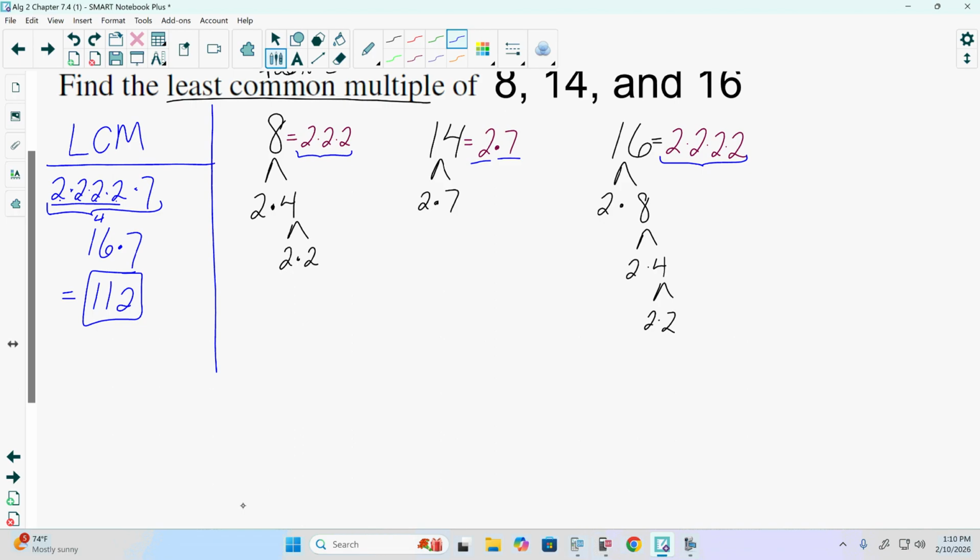On this here. Funny enough, what is the least common multiple of 8 and 16? 16. So really, we weren't so much looking at the least common multiple of 8, 14, and 16. Realistically, we were looking at the least common multiple of 14 and 16.